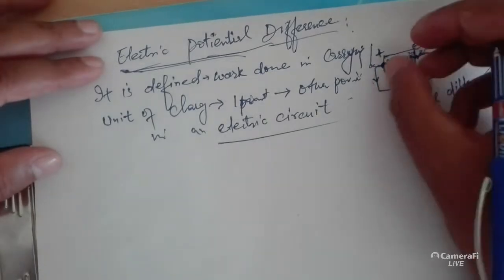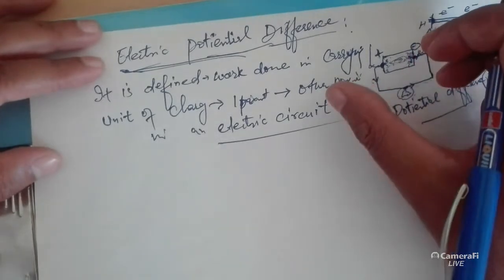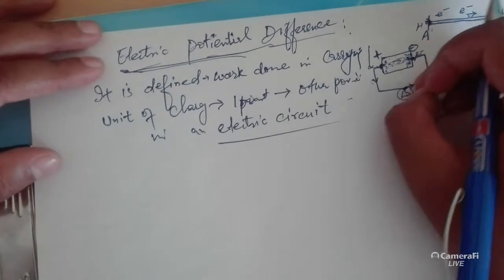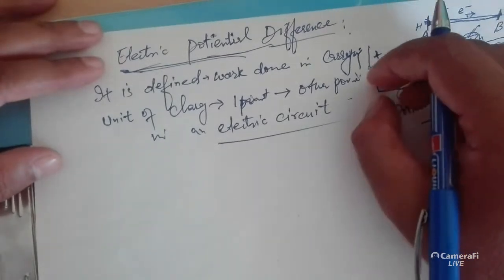So some work needs to be done to make the charge flow from one point to the other point. This work is energy that needs to be spent so that the charge can come from one terminal to the other terminal.